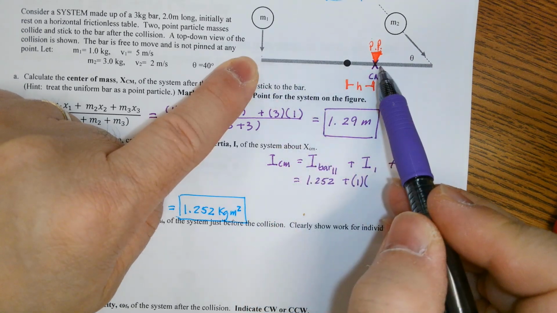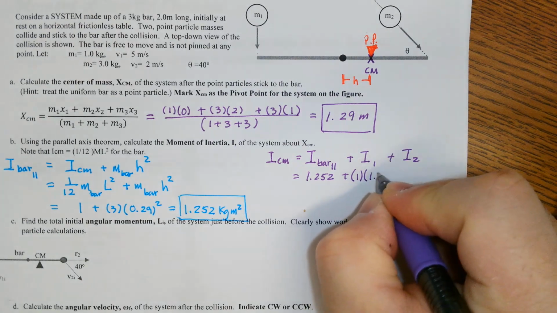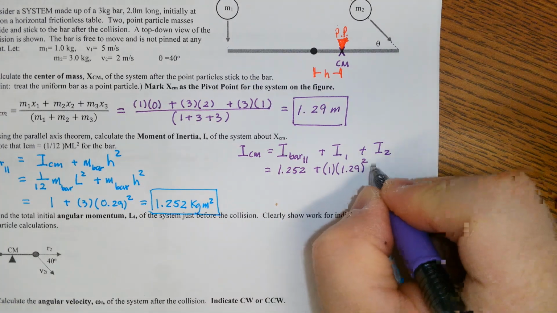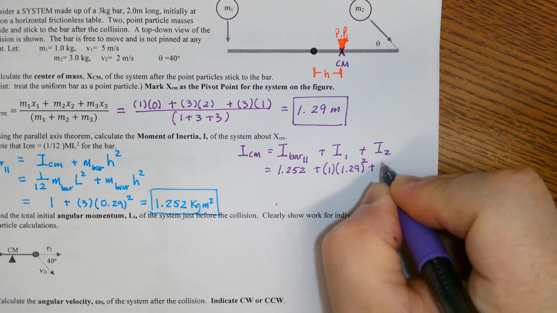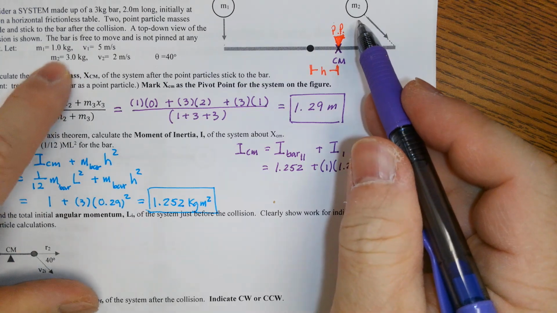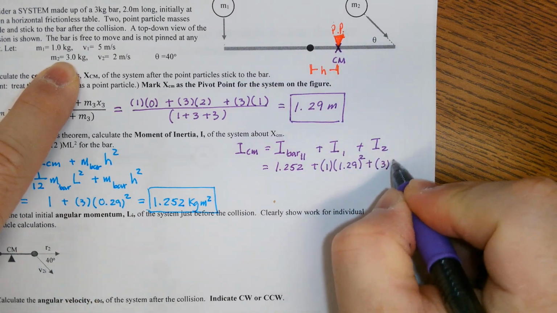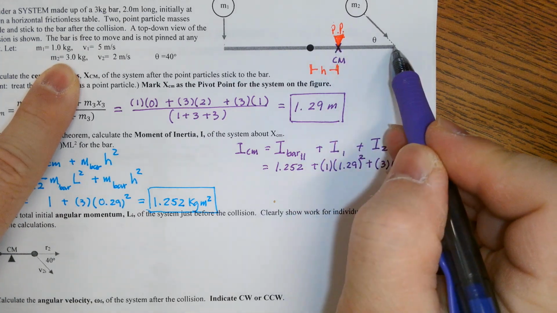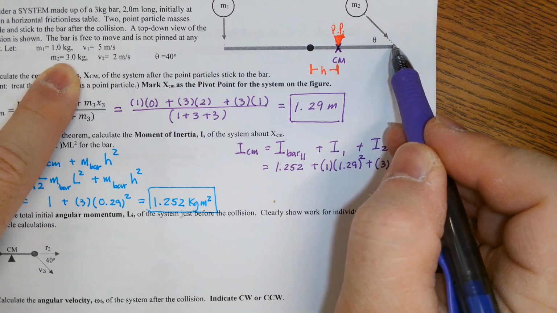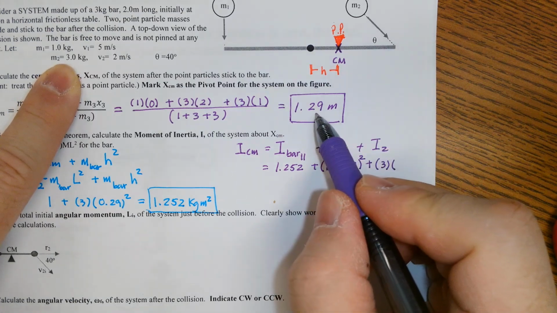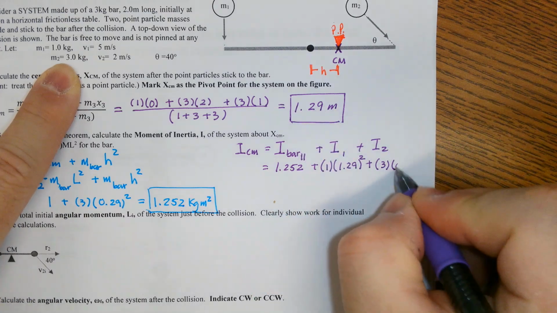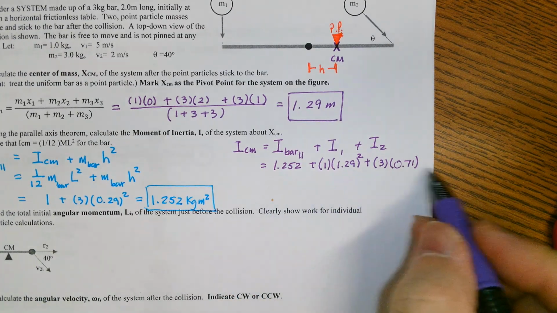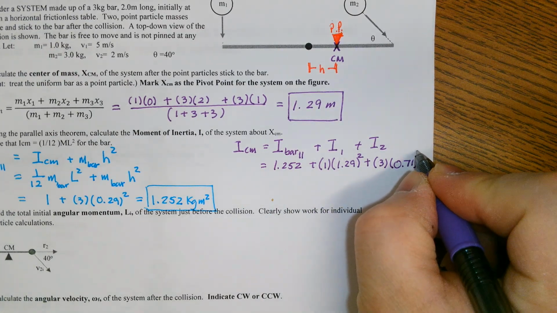So my R happens to be 1.29 squared, plus I2, which has a mass of 3 kilograms, times the radius from this pivot point to where M2 is going to be, which happens to be 0.71, right? 2 minus this, right? So 0.71.